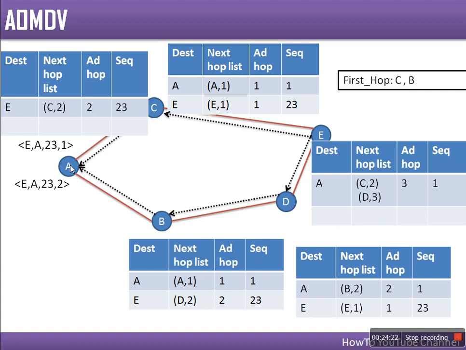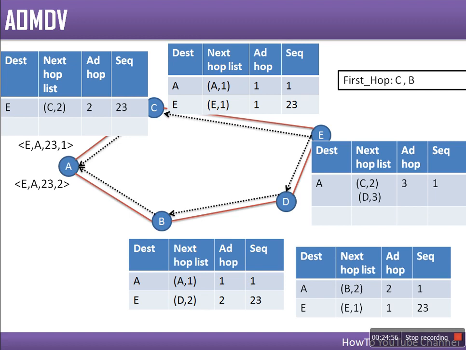If a node is receiving the same sequence number, it will check whether the new route reply provides a shorter path or not. But via B this path is longer than this path, so this route reply packet will not be entertained. So node A will have only one entry in its routing table. The rule is that whenever a node receives multiple route reply packets with the same sequence number, the route reply which provides a shorter path will be entertained.